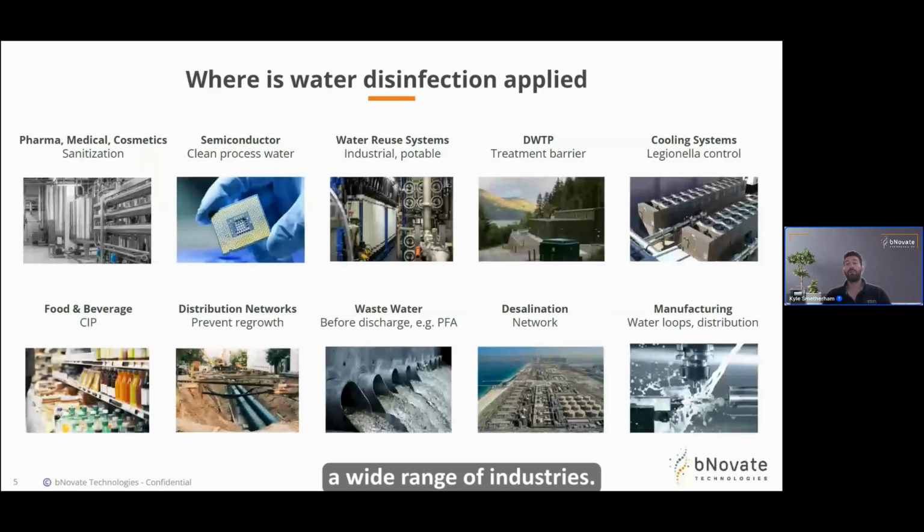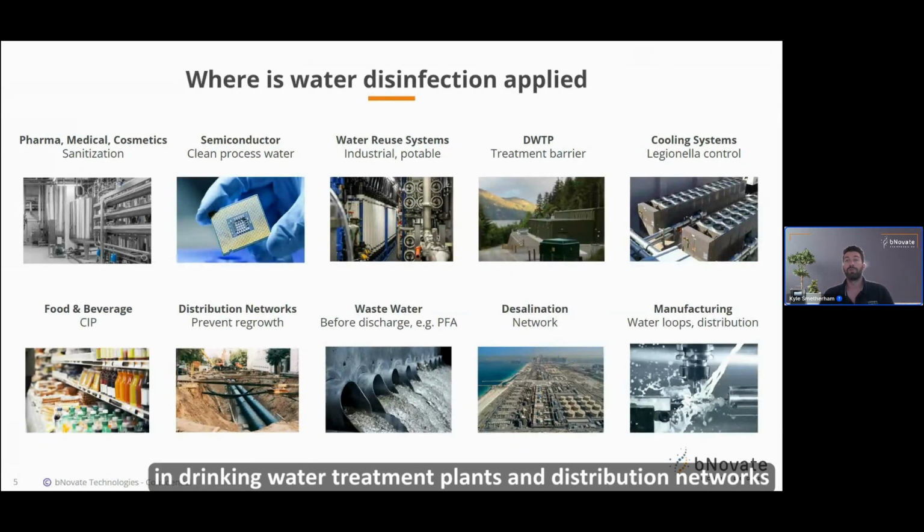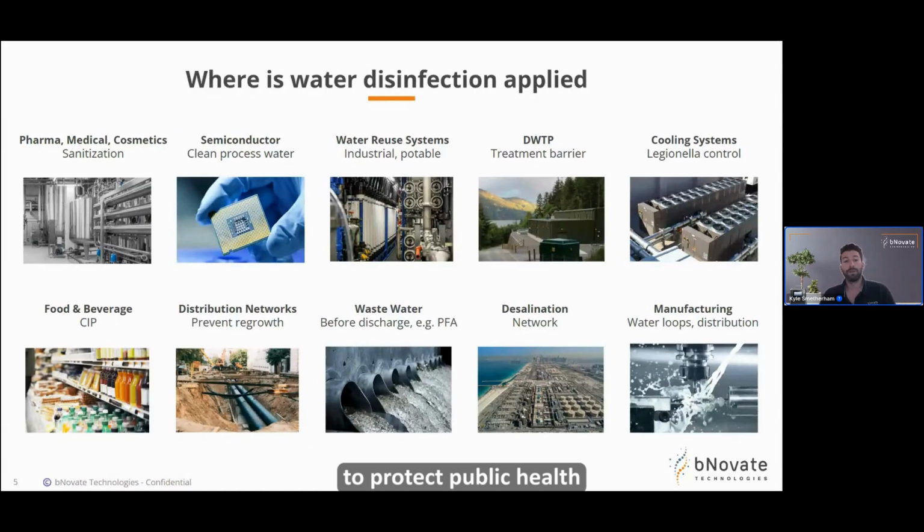Chlorine disinfection is used across a wide range of industries. In utilities, it's a critical barrier in drinking water treatment plants and distribution networks to protect public health. It's also used in water reuse schemes, cooling towers, and wastewater treatment, and that's more to maybe control the pathogens before discharge or before reuse.